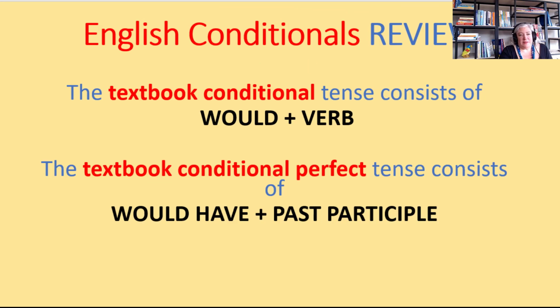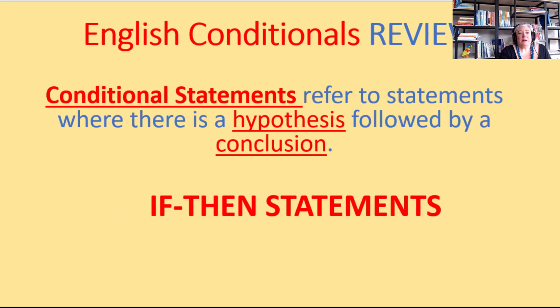Let's review the English conditionals. The textbook conditional tense consists of would plus the verb. The textbook conditional perfect tense consists of would have plus the past participle.